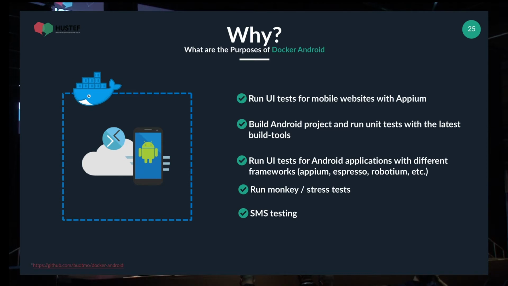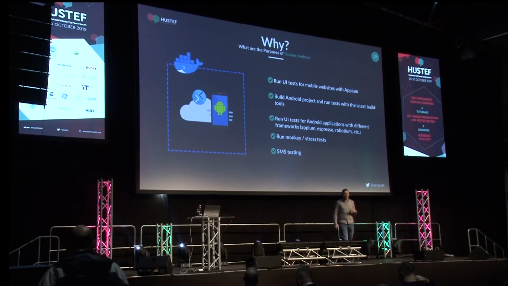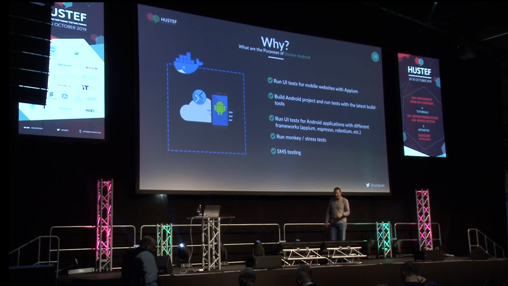It's using the latest version of the development tools, so you don't need to update your ADB tools or Android tools every time. It runs on Appium, Espresso, Robotium, so any framework you use, you can run it, stress test, and also you can simulate sending SMS. I put the SMS part in this presentation because I'm usually asked how you can simulate sending SMS for the purpose of testing.